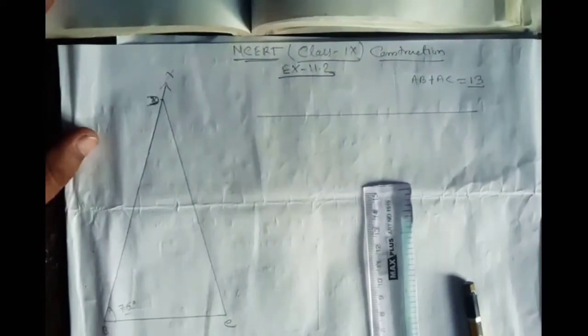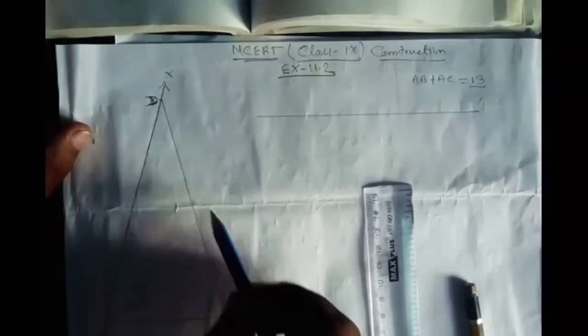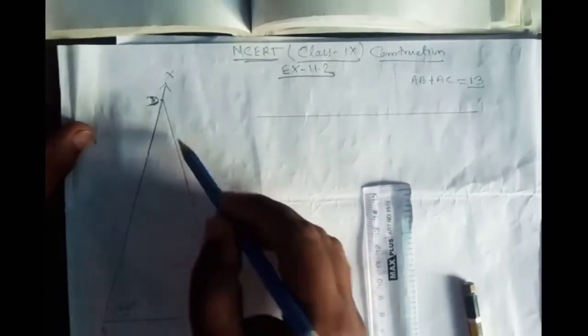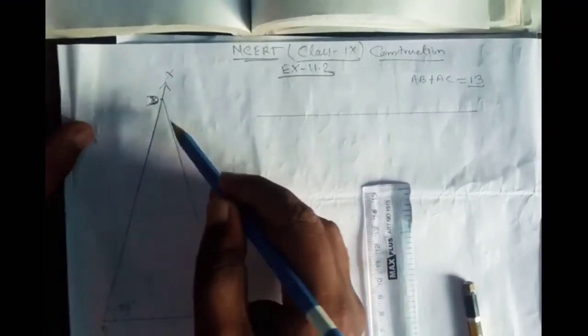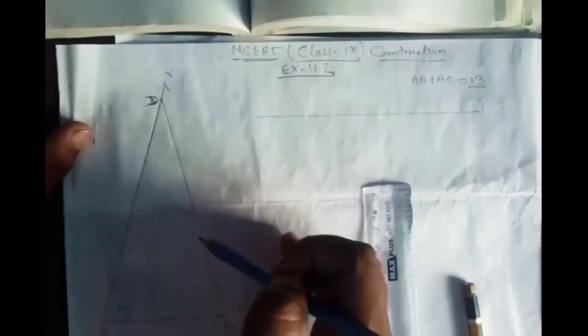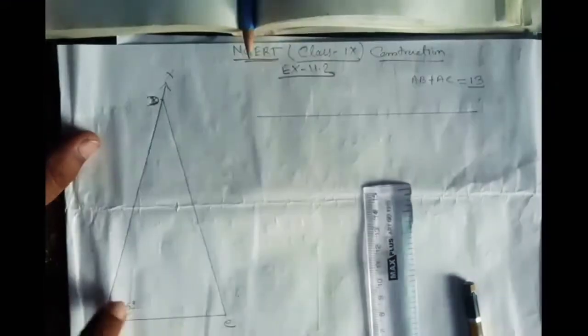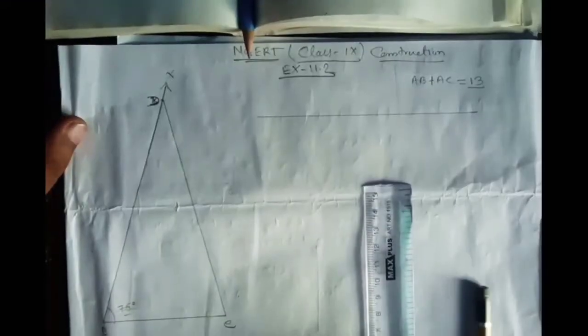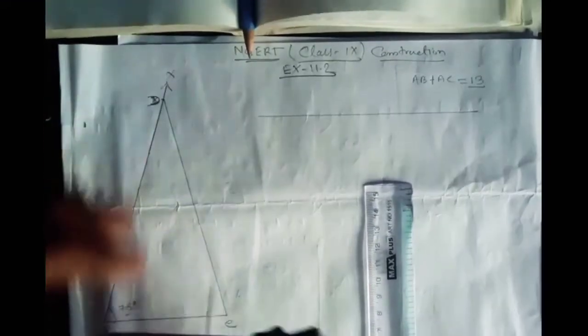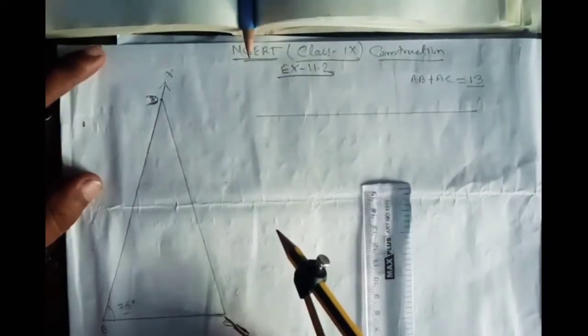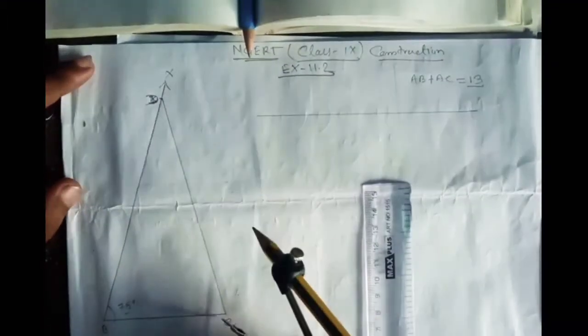Now we have to draw the perpendicular bisector of DC. So this is 75 degree, and now we have to draw the perpendicular bisector of DC.